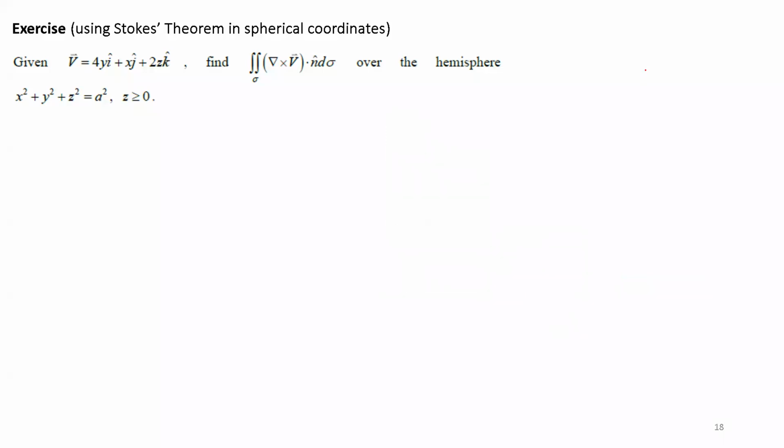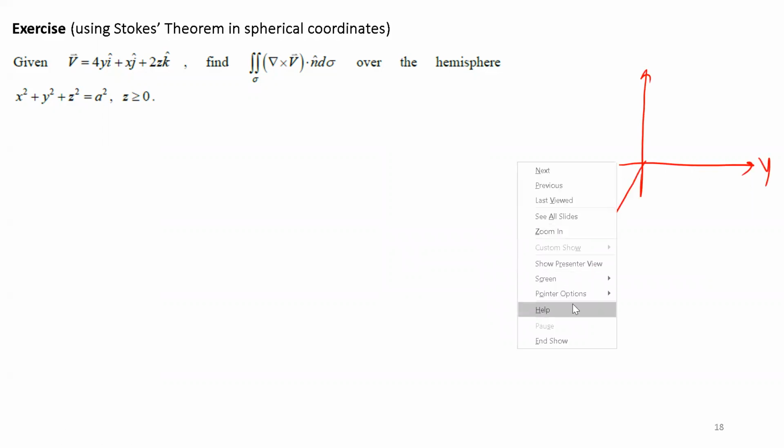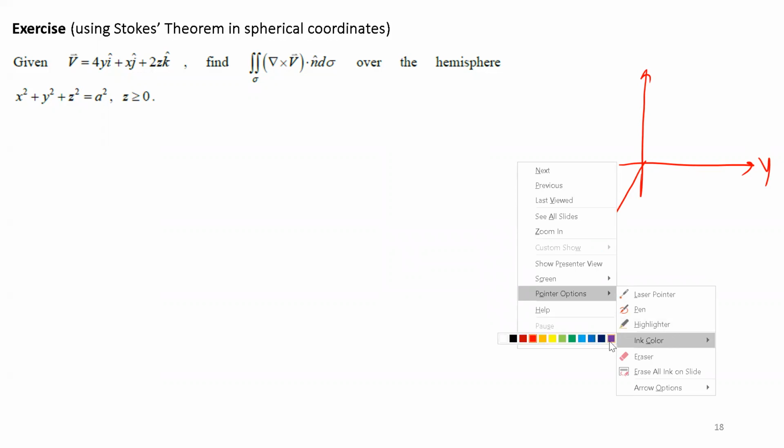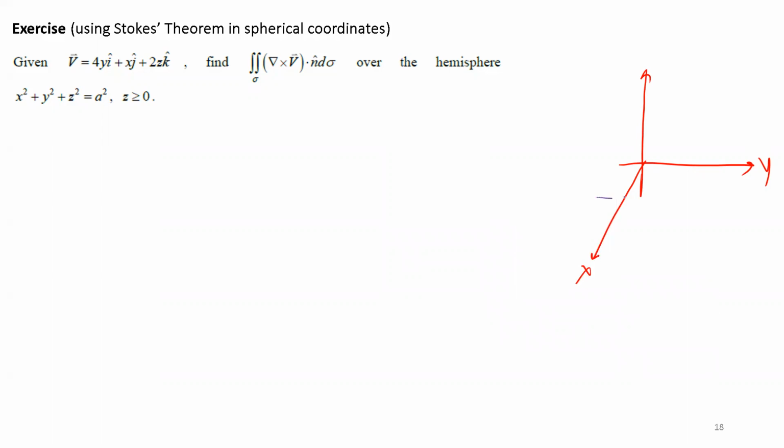What I have here is, first of all, a coordinate system, and then a hemisphere.